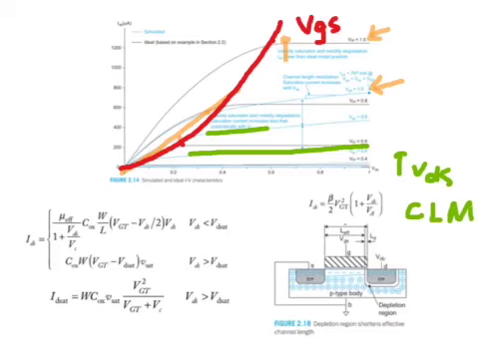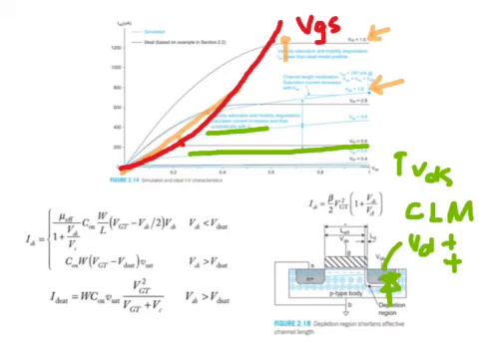What essentially happens is this N plus drain here forms a reverse bias PN junction with the substrate. And VD is some large positive voltage, and as the voltage on VD goes up, it saturates the depletion region.